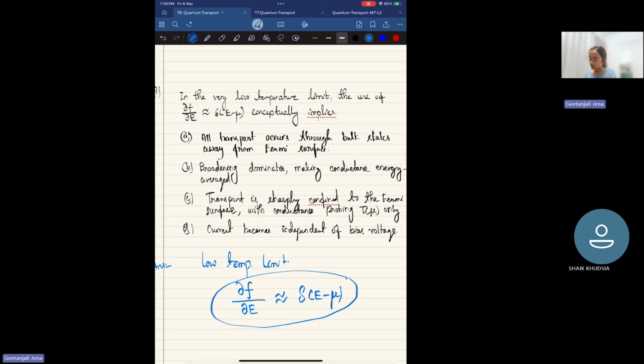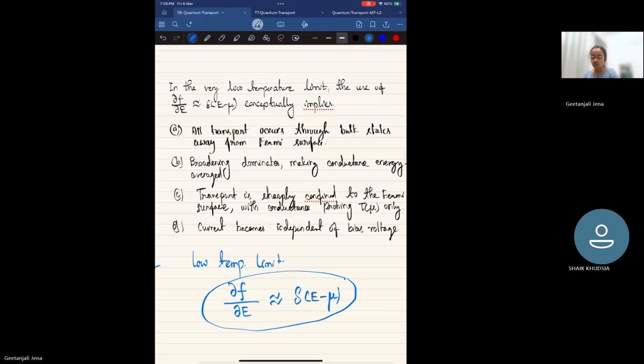Option A, all transport occurs through bulk states away from the Fermi surface. Option B, broadening dominates, making conductance energy-dependent. Option C, transport is sharply confined to the Fermi surface and the conductance probes mu only. Option D, current becomes independent of the bias voltage.